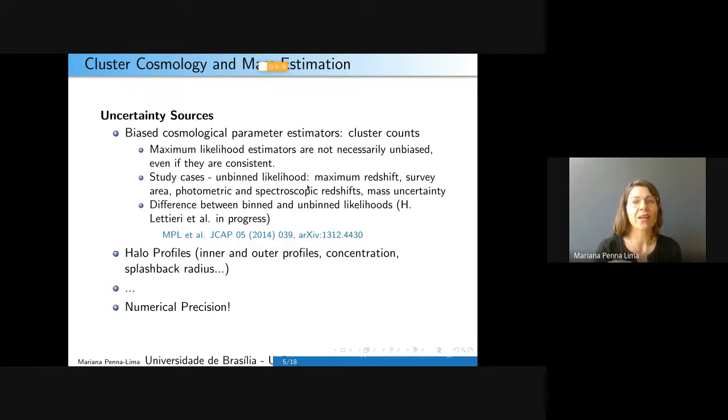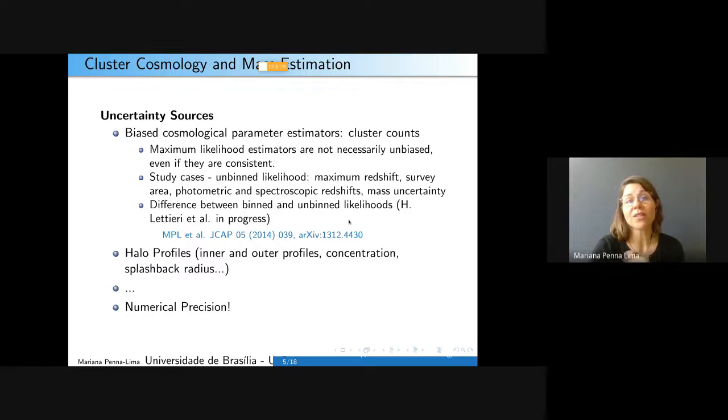We have checked what the bias is on some cosmological parameters, for instance the matter density, sigma 8, and also the dark energy equation of state, where we consider a constant dark energy equation of state.